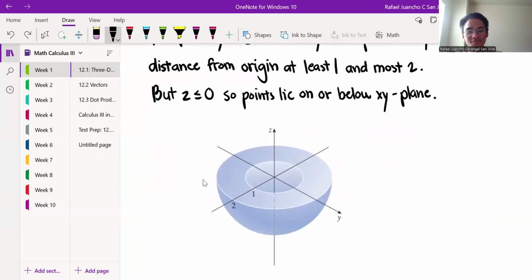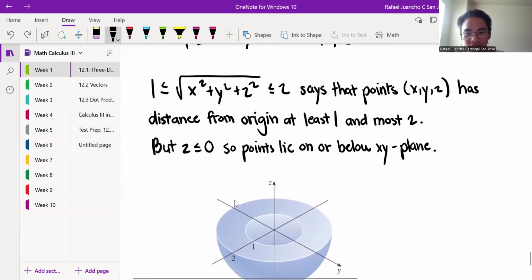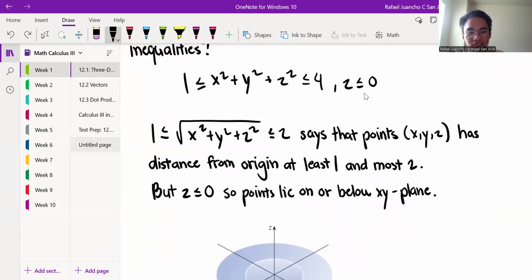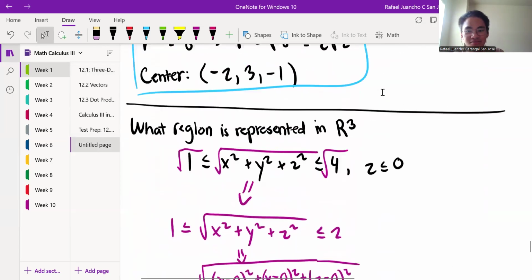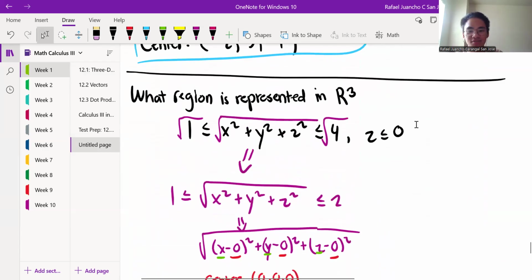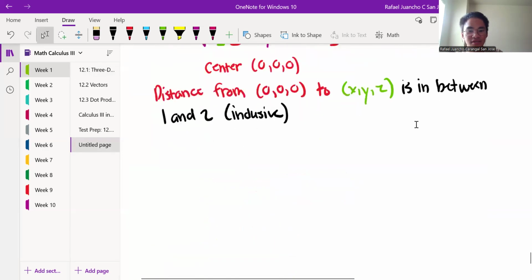Now, was that the only one? I think there was another one. Oh, z is less than or equal to 0. Okay, so that's the other condition. Z is less than or equal to 0. So if we were to draw that thing here, we look at z again.